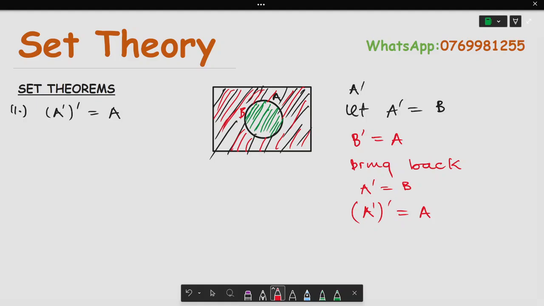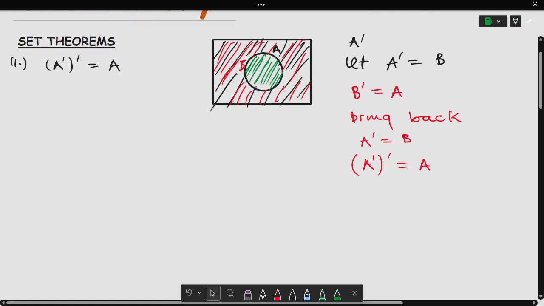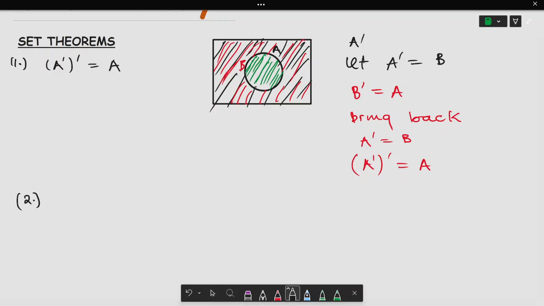Okay, let's look at this other theorem. If you have A union A, A union A is just equal to A. How do we arrive there?